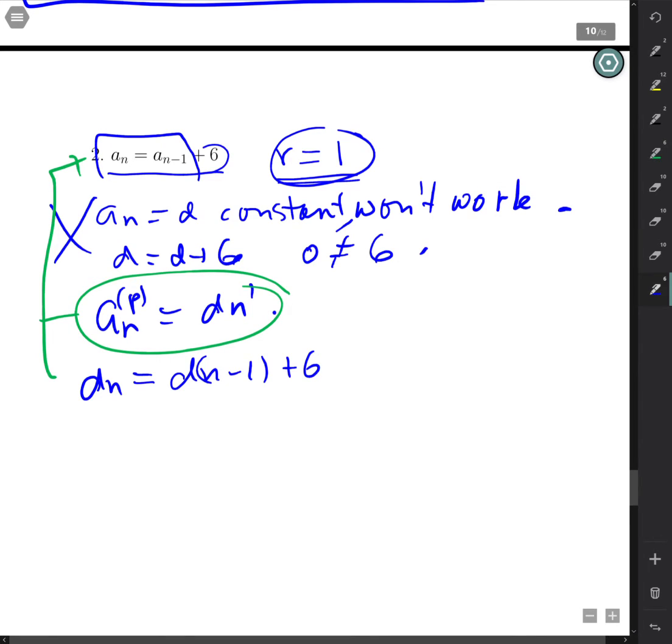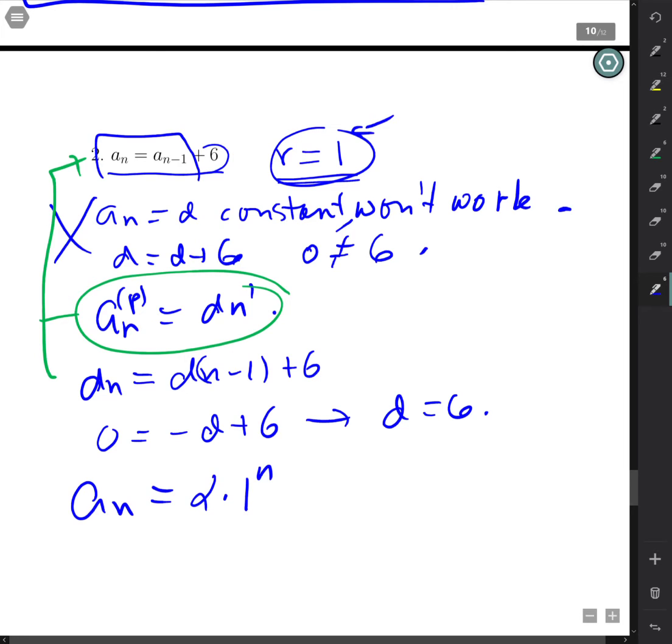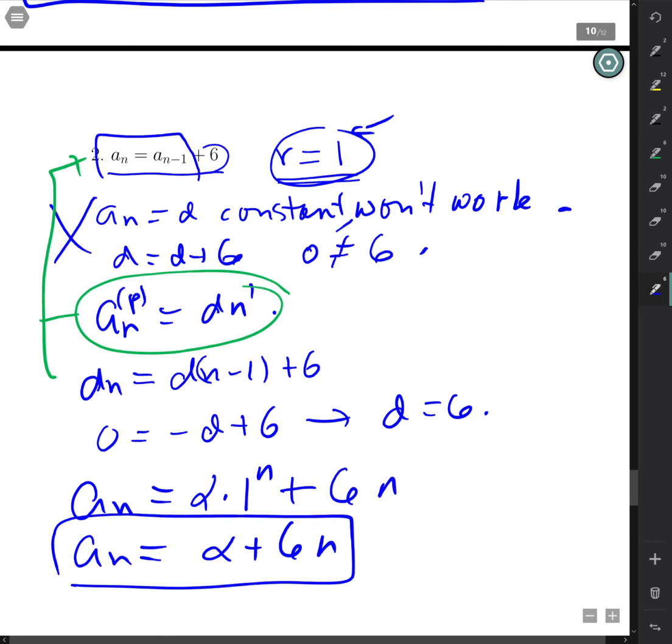The dn's cancel and you get 0 is equal to minus d plus 6, so d is equal to 6. So we get an is equal to alpha times 1 to the n, because r is equal to 1, plus 6n, or more simply just alpha plus 6n, and the alpha is an arbitrary constant.